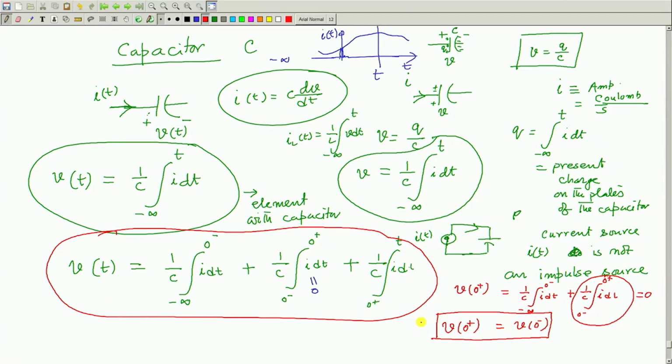I am applying a different current to the capacitor or things like that. Therefore, in an inductor capacitive circuit, it is the voltage which will be continuous whenever you do some switching. That is the important thing.